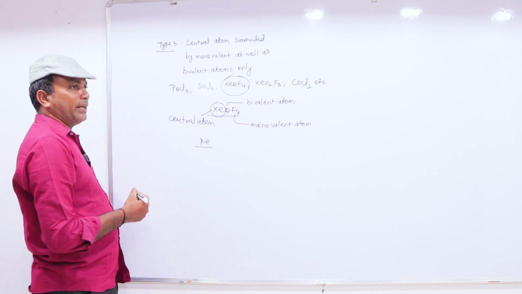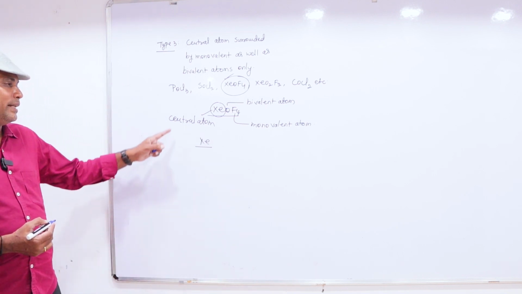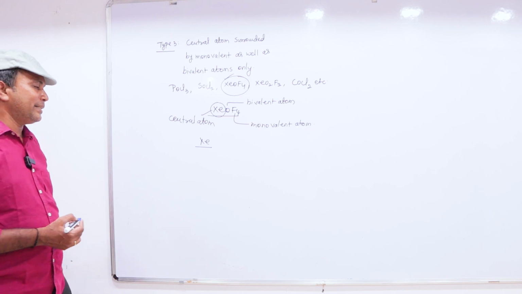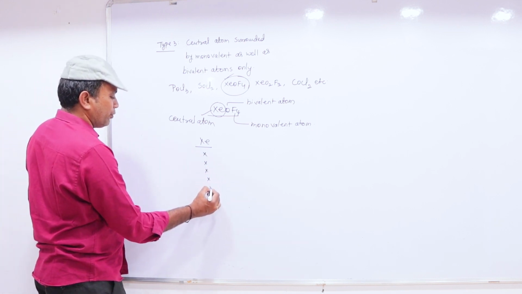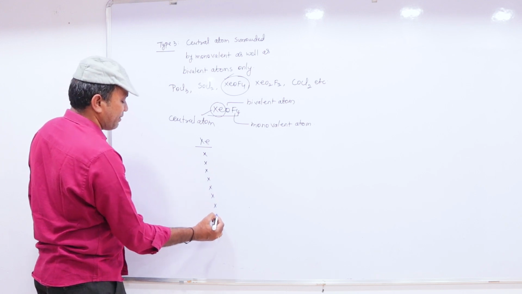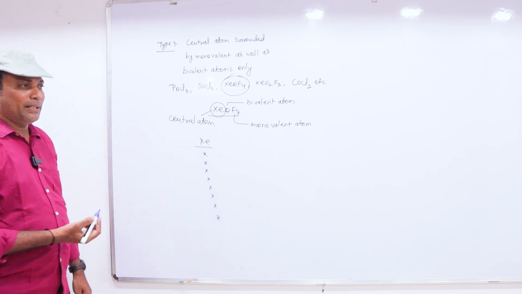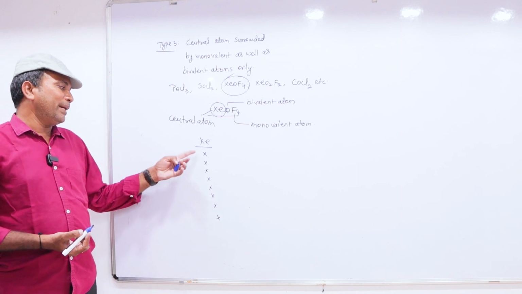Here the central atom valence electrons are 8: 1, 2, 3, 4, 5, 6, 7, 8. These 8 electrons we indicate by crosses.